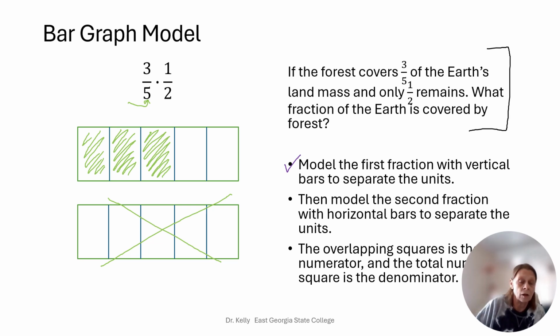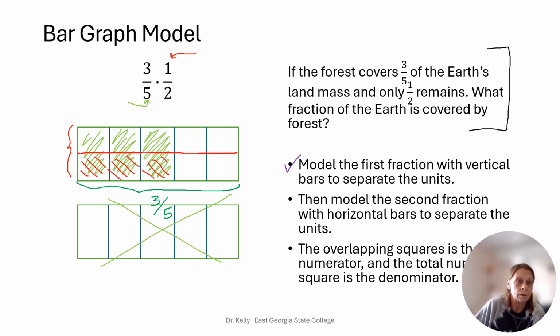So the first thing is to model the first fraction with vertical bars to separate the units. But let me point out that this represents 3 out of 5, right? That's the 3/5. Now next we look horizontally and we model that fraction in the horizontal way. So I'm going to split that in half, and if we color here, this is 1/2.